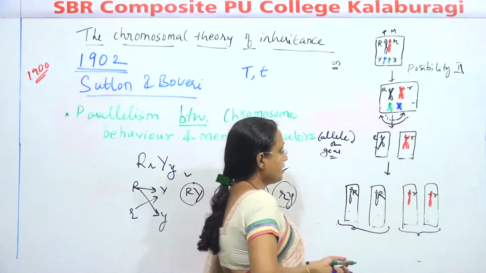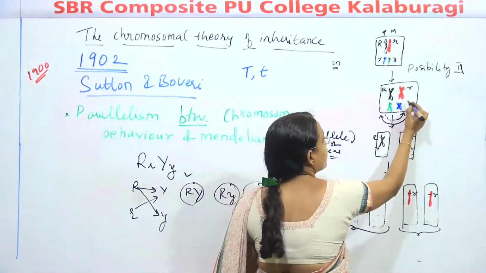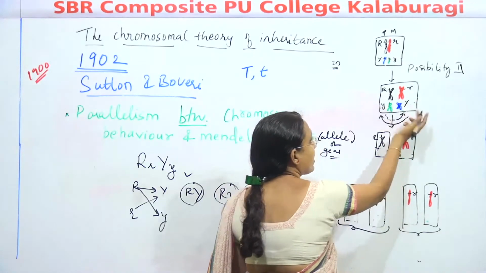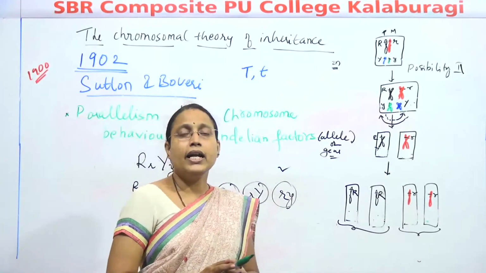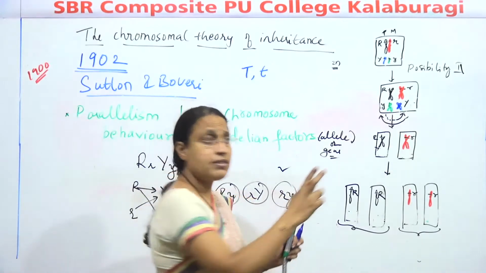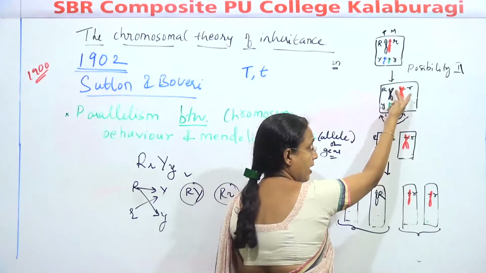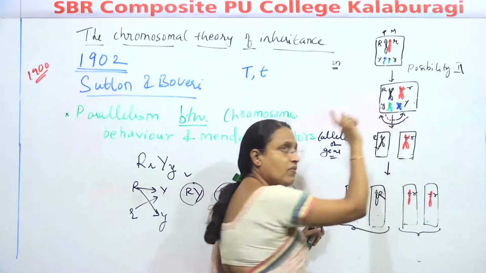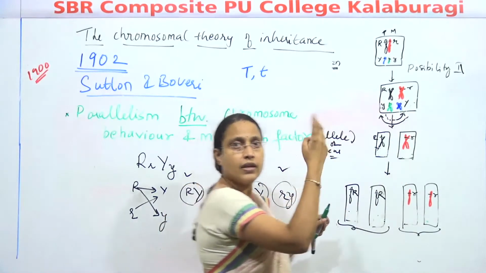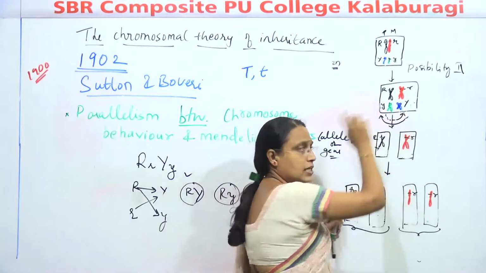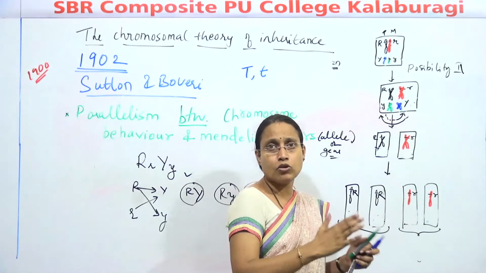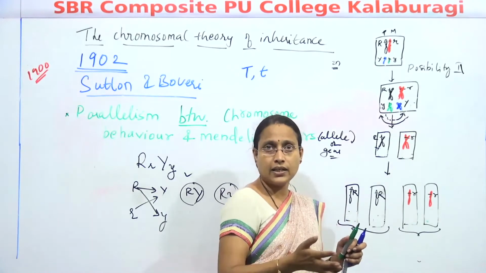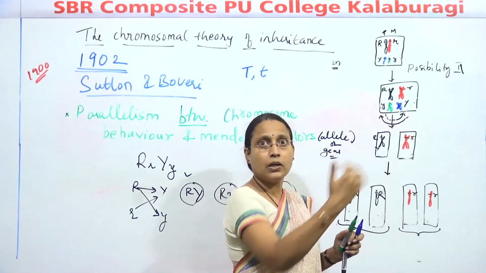So the bigger Y has come here, the smaller y has come to this side. So what is occurring there? Independent assortment. That means the arrangement of this pair is independent of the arrangement of the other pair. Even if the upper one is flipped, the flipping of the upper one is not dependent on the lower one. That is called independent arrangement of chromosomes in the metaphase plate, irrespective of the other pair.